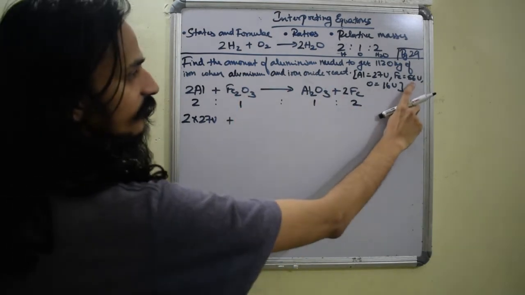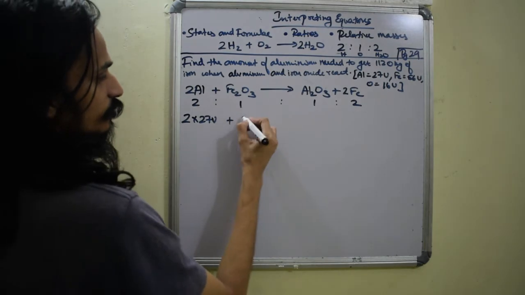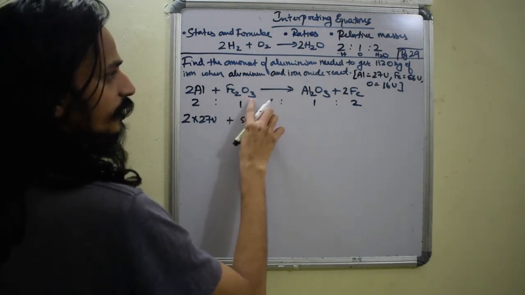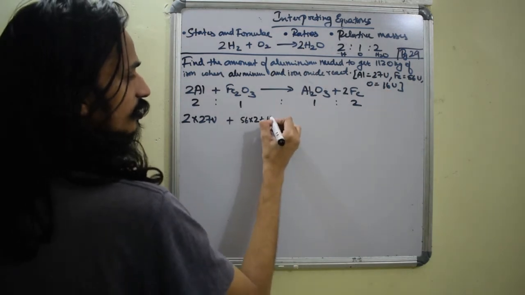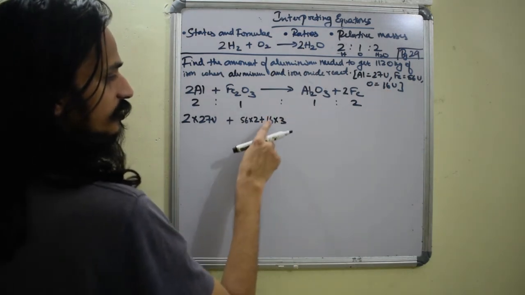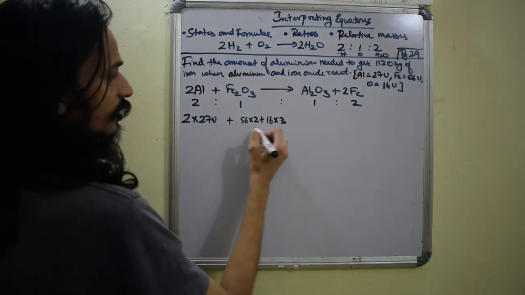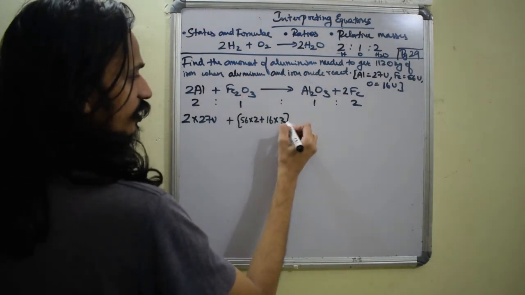Now iron is 56, but 56 into 2, so 56 into 2 plus O into 3, 16 into 3. 16 is from O and 3 is from here. This is all again in U.